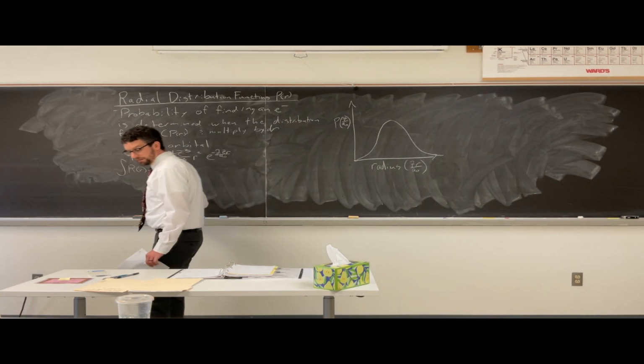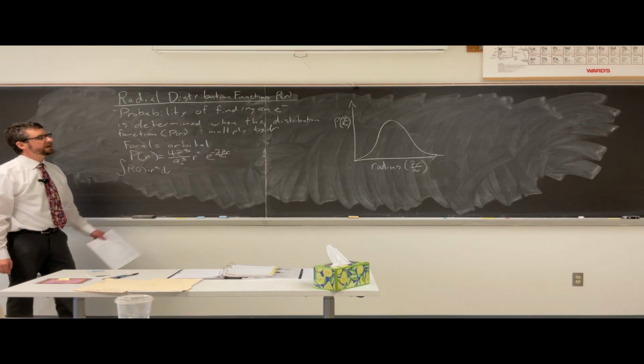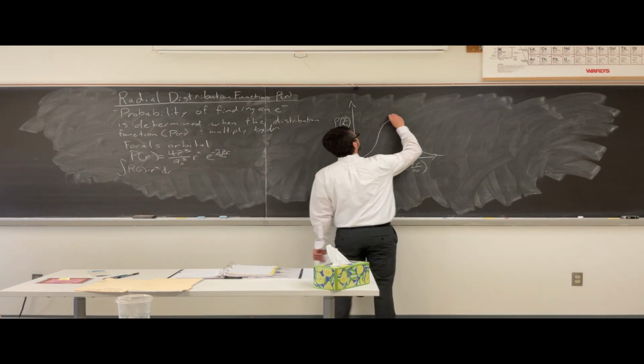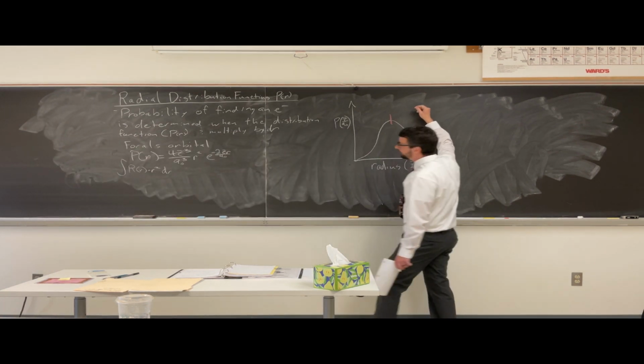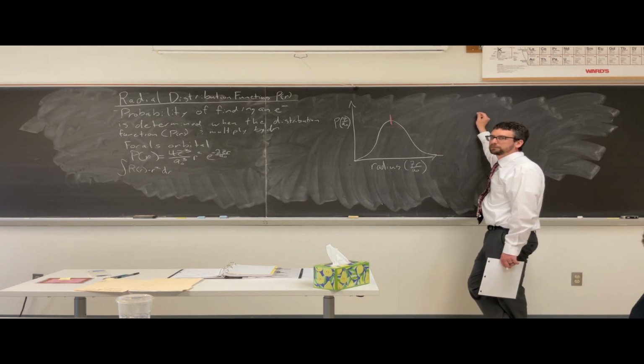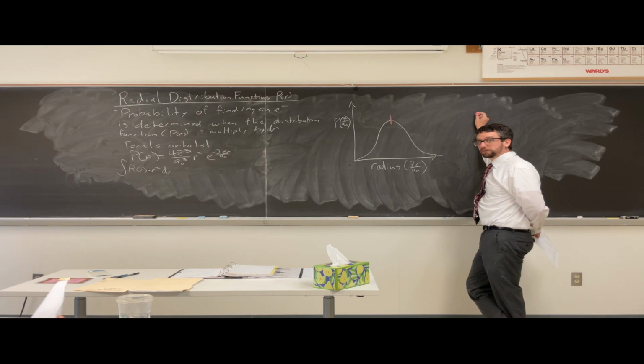Now, kind of a neat idea, which we're going to show in a minute. That maximum value, anybody have an idea of what the value of it is? It's definitely not 1. Any other ideas? And this is a really cool spot.